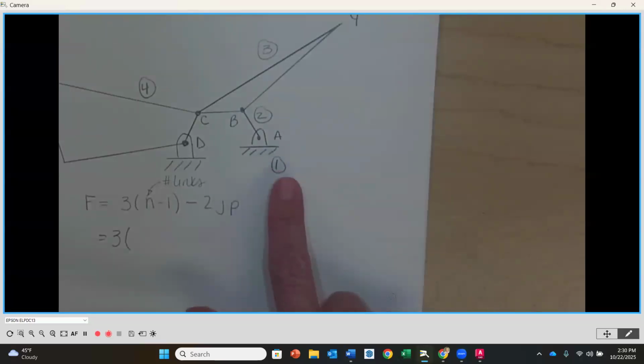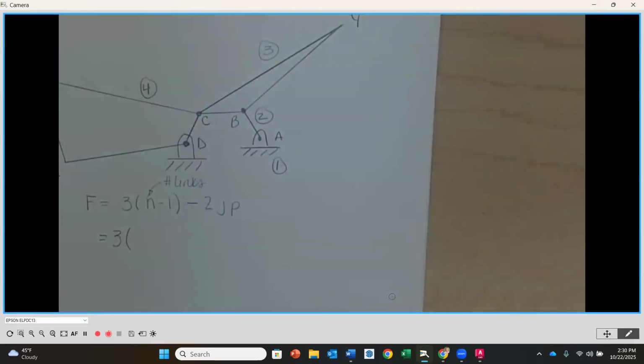So when we look here, we've got 1, 2, 3, 4 links. So this is going to be 4 minus 1 inside the parentheses. If you don't have 1 through 4 up here and you write 4, that's not right. That's why we do the labeling first, because this verifies what we believe is true.